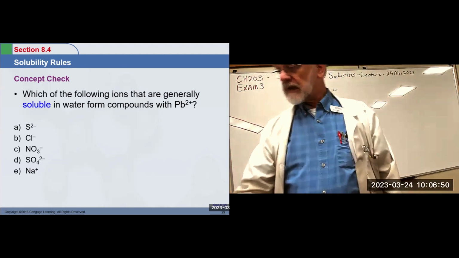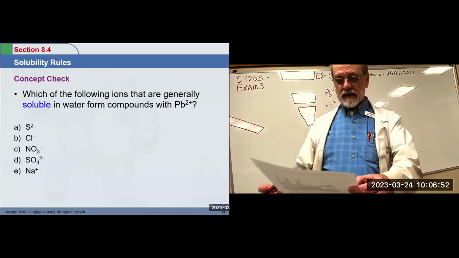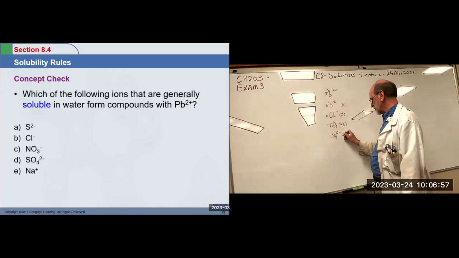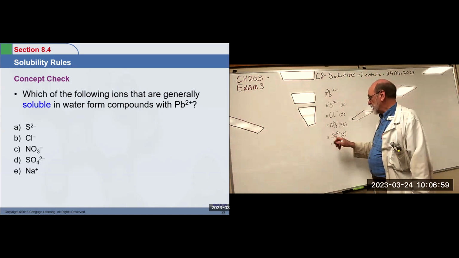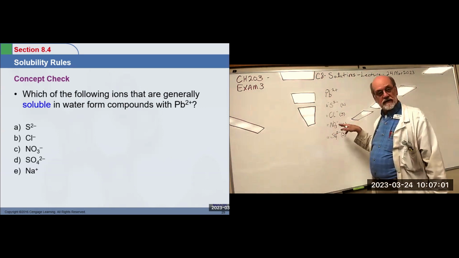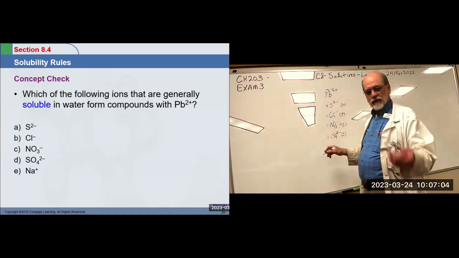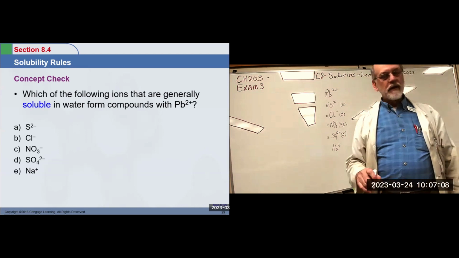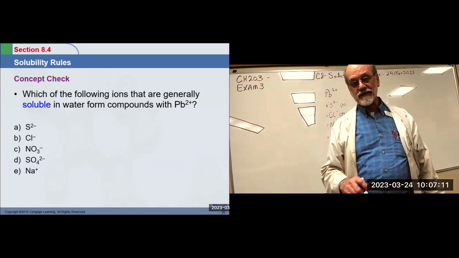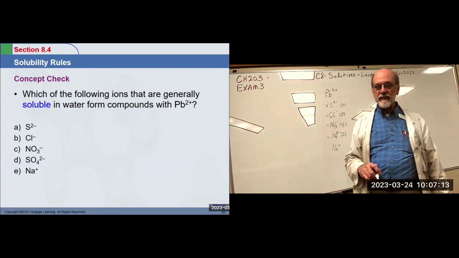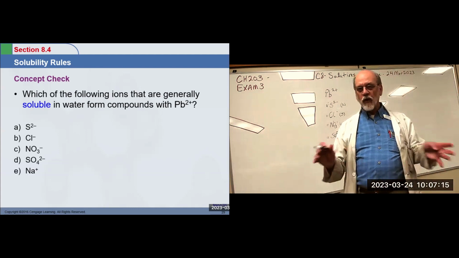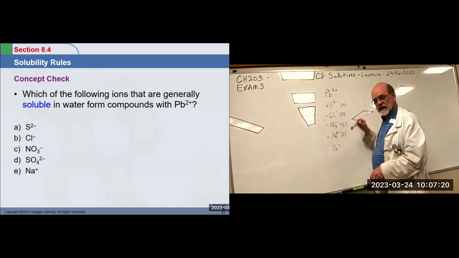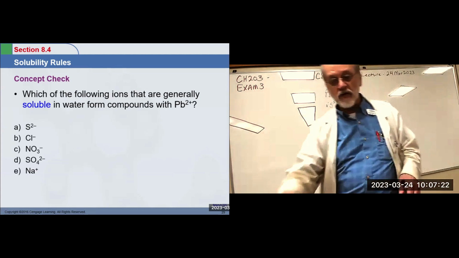Follow it down until we find sulfate, and it's insoluble. That's a solid. So the nitrate combination is the only one that's soluble. And we threw that last one in just to see if you're thinking. You don't form compounds from two cations. Sodium plus and Pb2 plus, they don't form a compound. So the nitrate is the only one that's soluble out of that group.